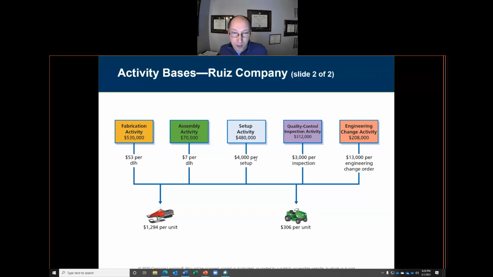It's $4,000 per setup. Quality control, we budgeted $312,000, $3,000 per inspection. $208,000 budgeted to engineering. That's $13,000 per engineering change order. And we got to $1,294 per snowmobile and $306 per riding lawnmower.